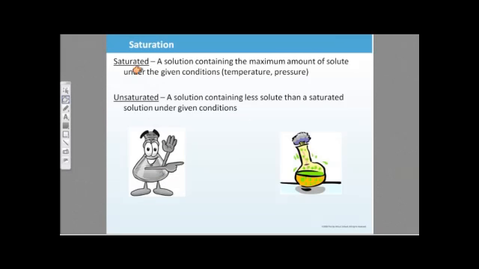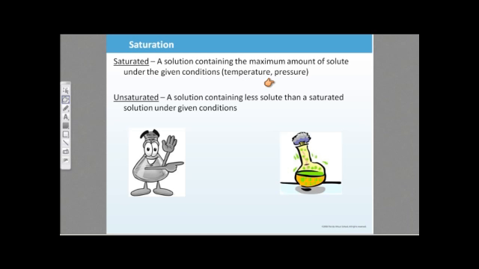All right, now I mentioned that we are going to briefly talk about the qualitative ways of describing solutions. A couple ways we do that is we talk about saturation. Is it saturated or is it not? For something to be saturated, that means it contains the maximum amount of solute under those given conditions. In other words, at that temperature and pressure, it holds as much solute as it possibly can.